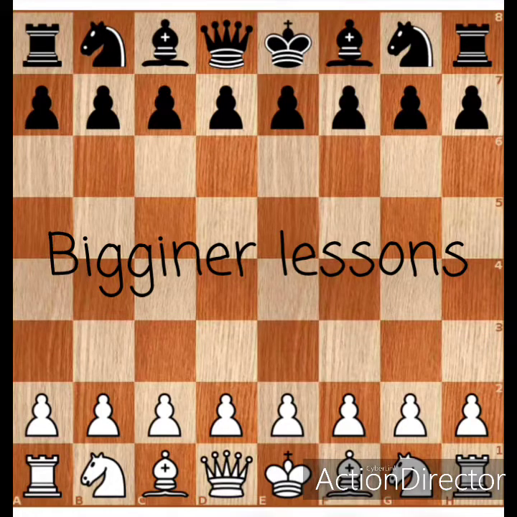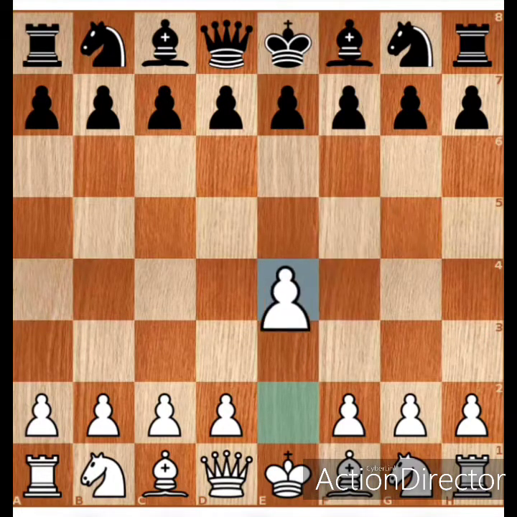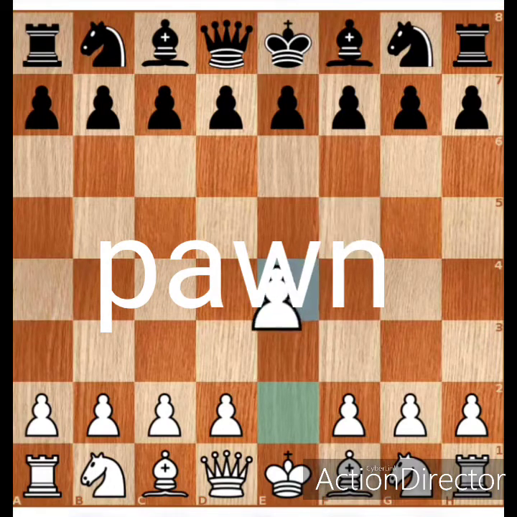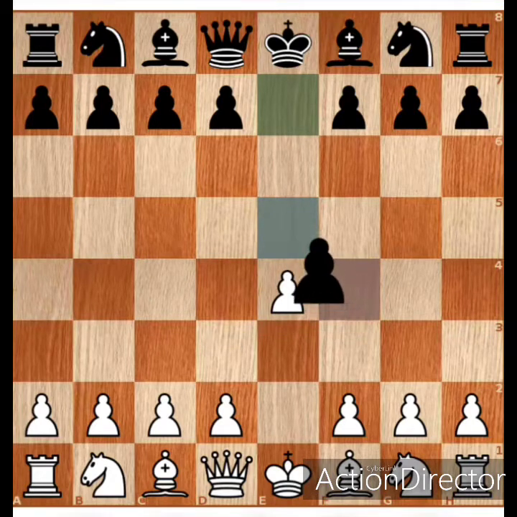Now I'm going to show you the beginner lesson. The pawn moves straight ahead and captures diagonally. Like if you move this pawn, then the pawn cannot capture, so it's a still position.